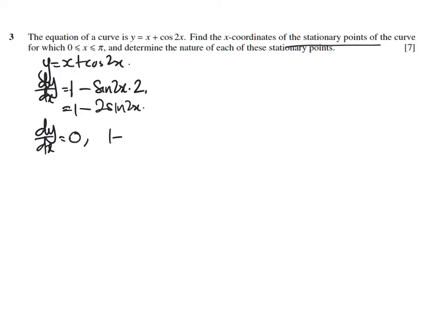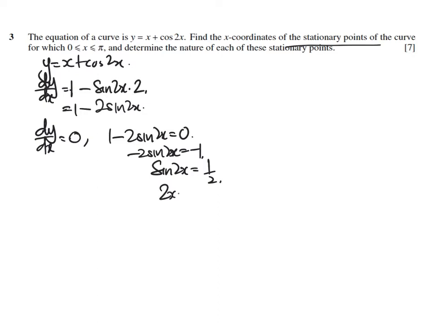So 1 minus 2 sine 2x equals 0, and find the x coordinate. So negative 2 sine 2x equals negative 1, sine 2x equals a half.